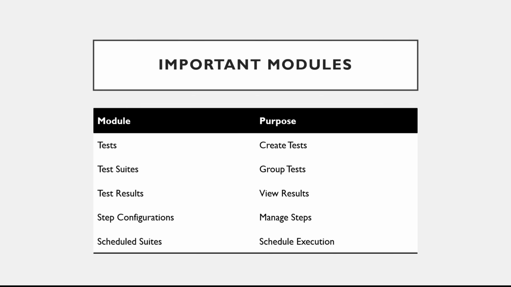The important modules are test, test suites, test results, step configurations, and schedule suites, which are used to create tests, group tests, view results, manage steps, and schedule execution, respectively.